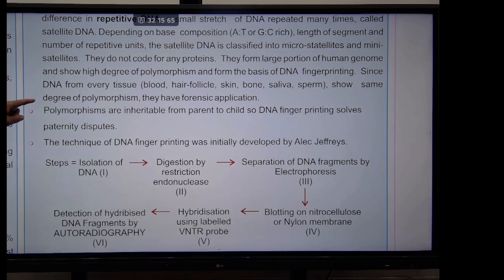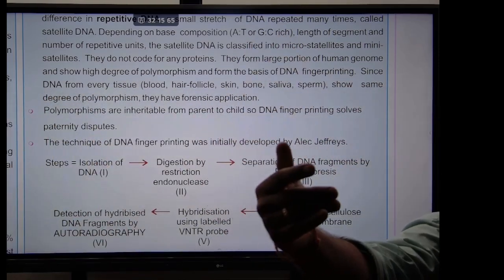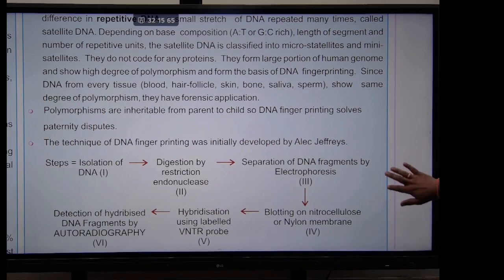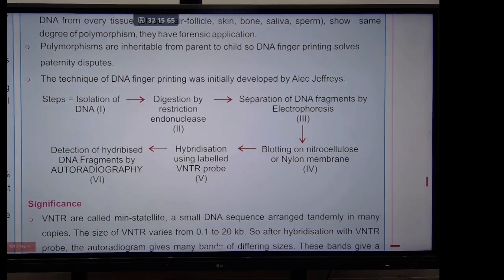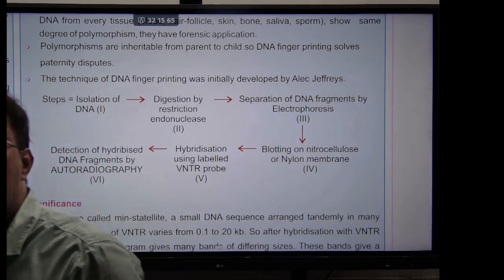These repeated sequences form the criteria of DNA fingerprinting, and we can collect them from any type of tissue like blood, hair follicles, skin, bone, saliva, or sperm, and they show the same degree of polymorphism, whether you collect it from the saliva, the semen or the hair follicles. These polymorphisms are inheritable from parent to child, so DNA fingerprinting solves the majority of paternity disputes.